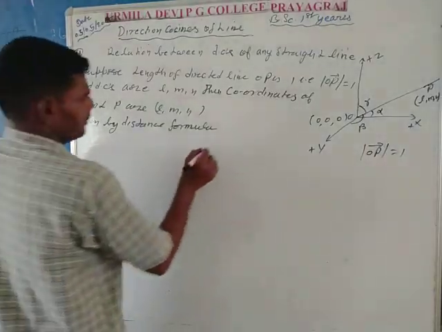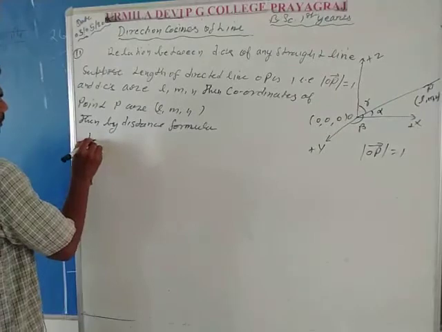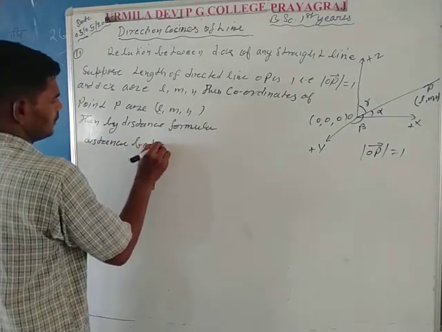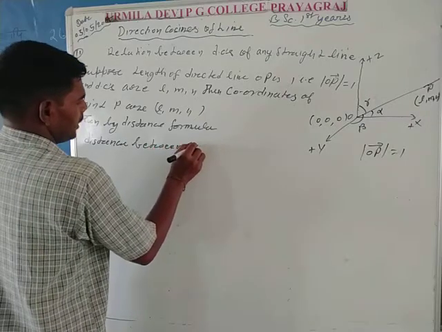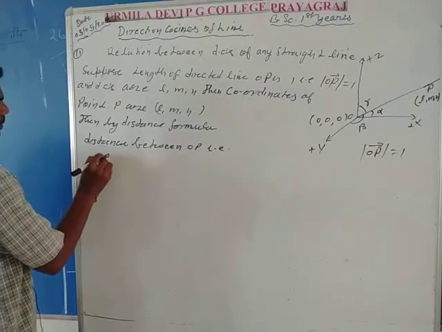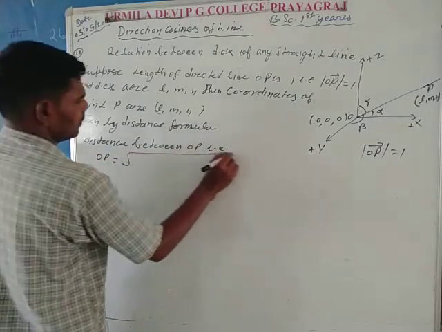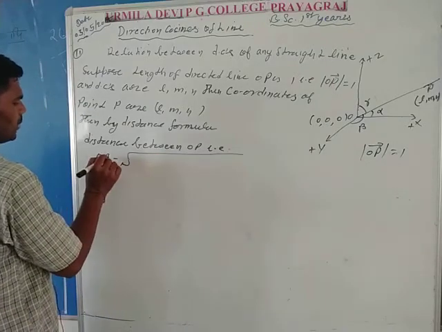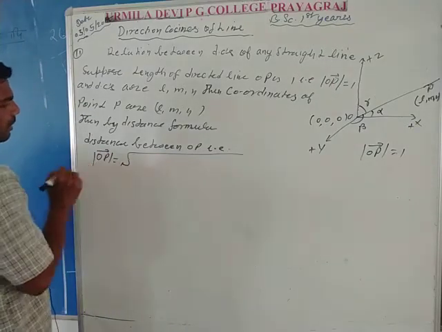the distance OP is equal to under root, and here you can also use mod of OP in vector form.